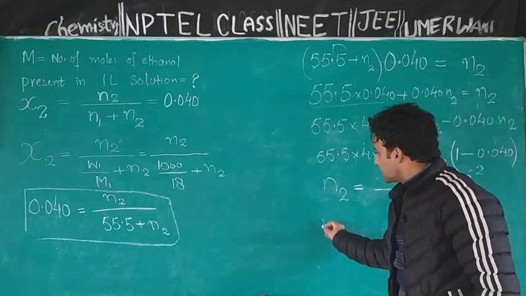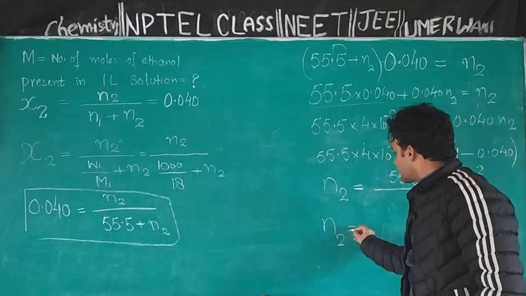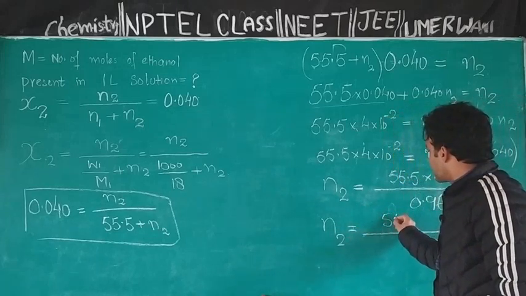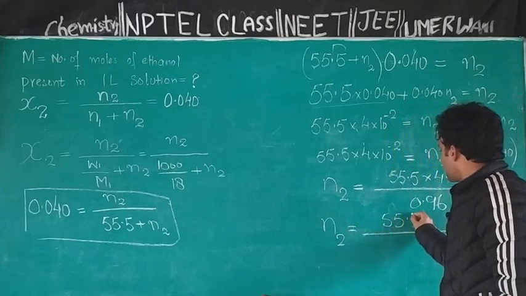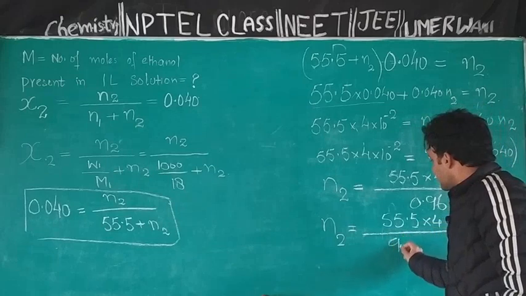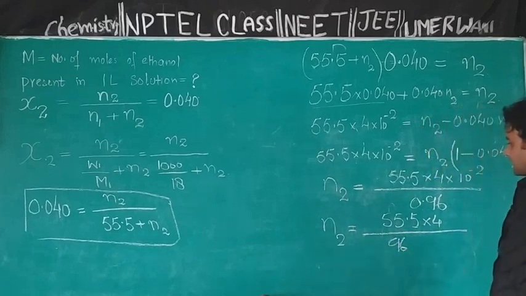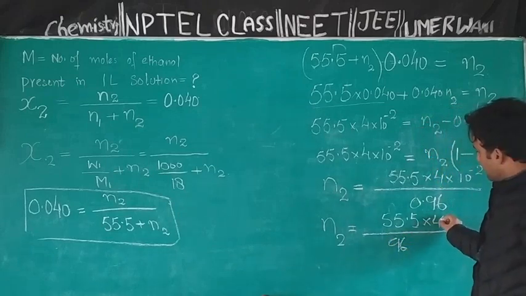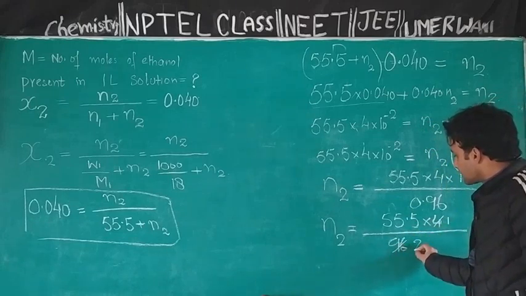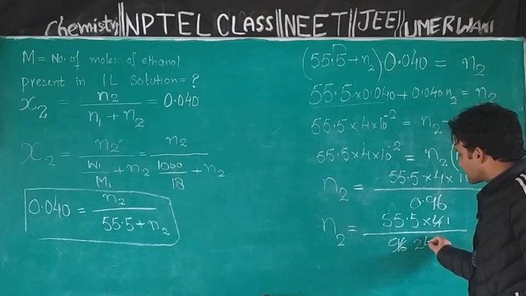I may write N2 is equal to 55.5 multiplied by 4 divided by 96. 4 ones are 4, 4 twos are 8, 4 fours are 16.